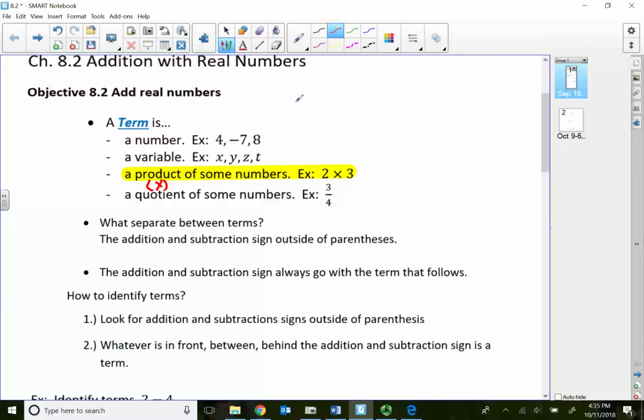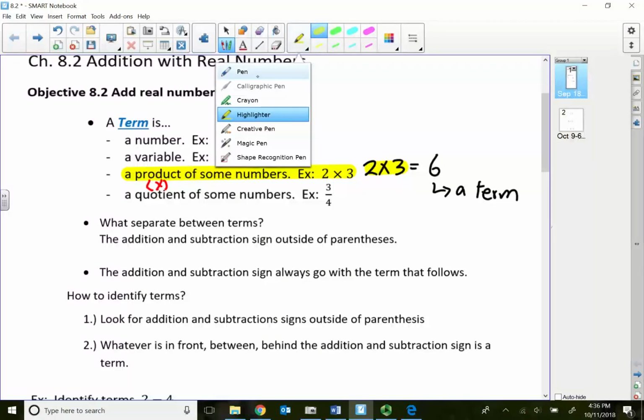Just like my 2 times 3 here. 2 times 3 equals 6. 6 is a number, so a number is a term, and this 6 comes from the multiplication between 2 and 3. So multiplication between anything is only considered as one term.